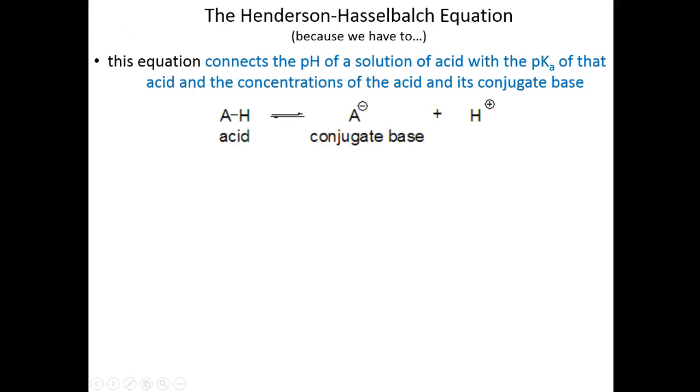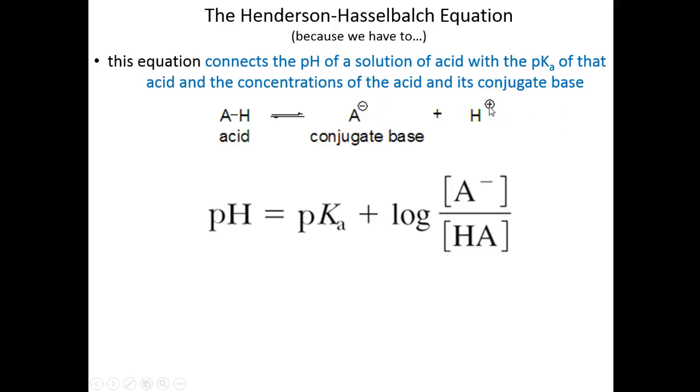Back to our original example, remember when we say intact acid, we mean a molecule that has retained its protons, and a conjugate base is a molecule that has lost its proton, thereby being an acid, leaving free proton in the environment. This is the Henderson-Hasselbalch equation. It's simple and straightforward.